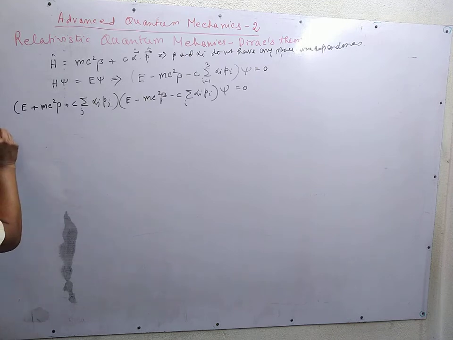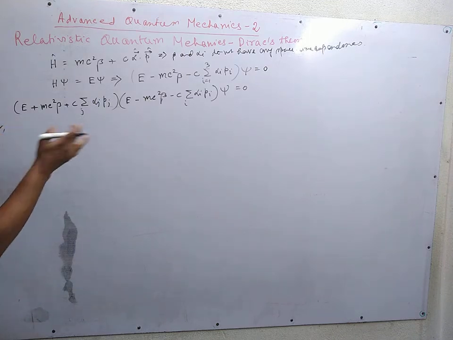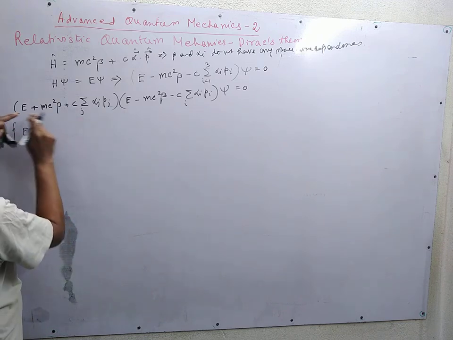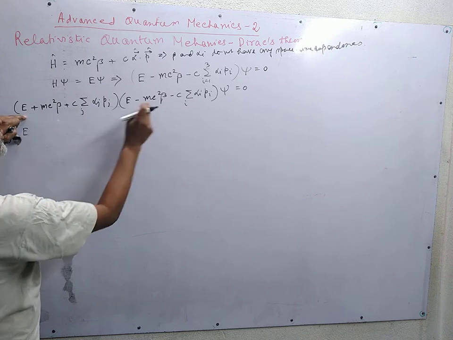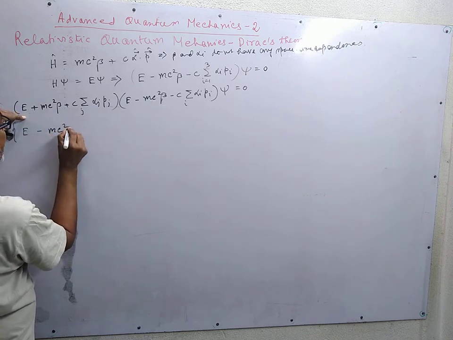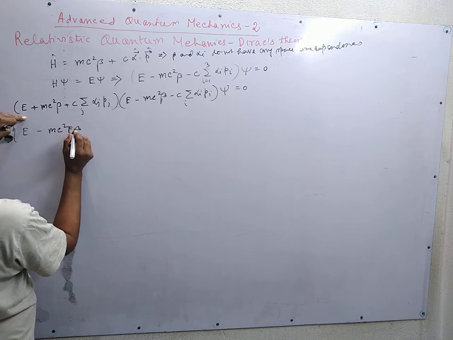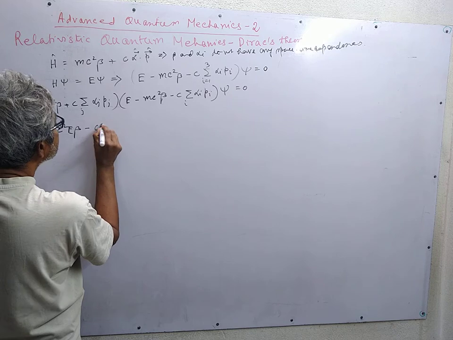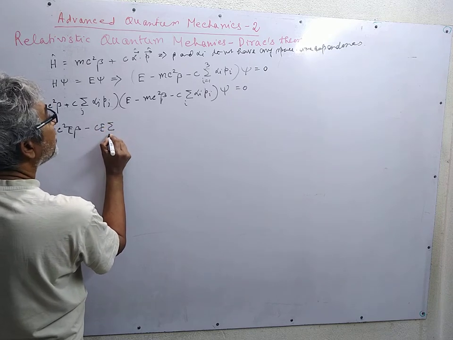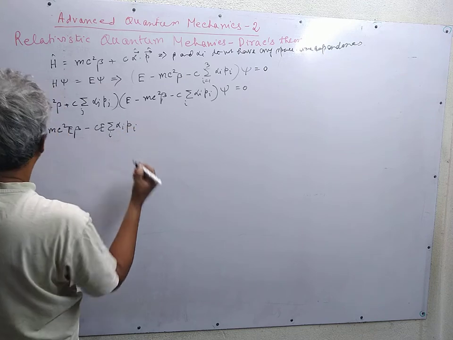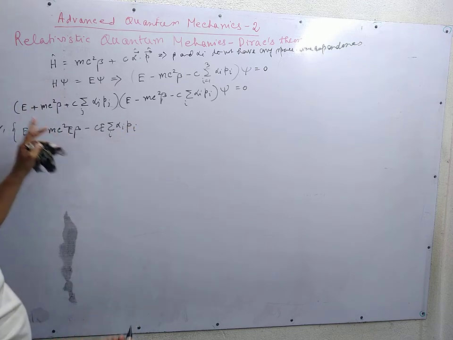These are two trinomials, and if we multiply them, firstly we have the E square term, this multiplied by this. Then multiplying by mc square E beta, we have minus c E summation over i alpha i p i. These are the three terms.